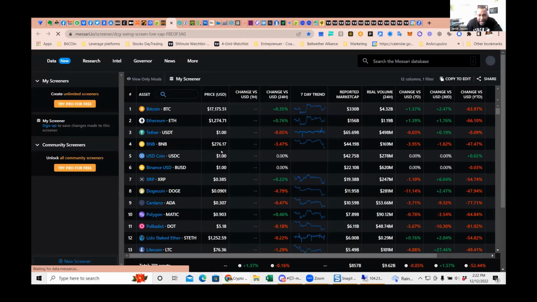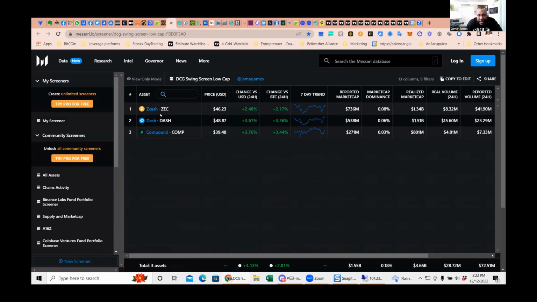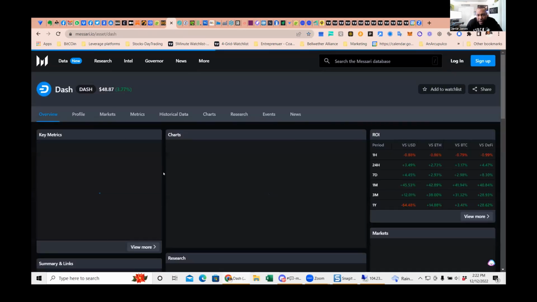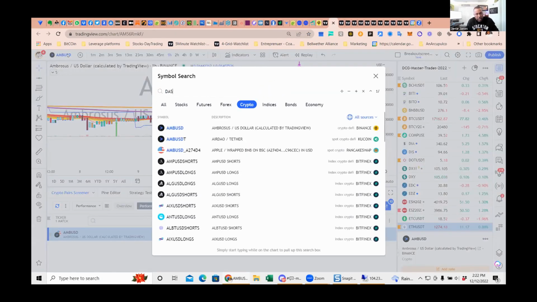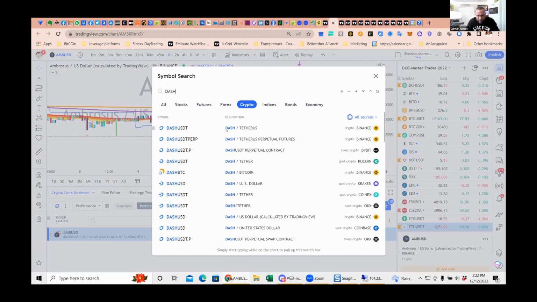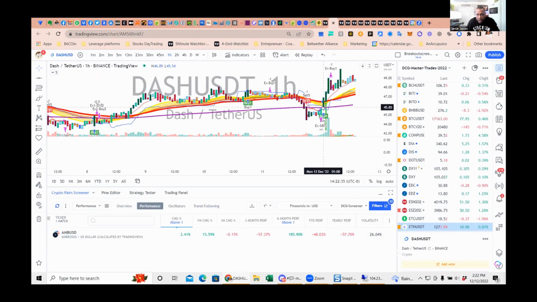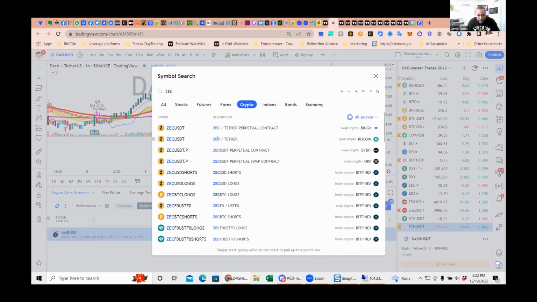So for me, like today, XMR, Zcash, Dash, these have all been moving for the last couple of days. So Dash, right here, when it crosses 200, and even this one here, this 46, that was the area I would be looking at on the 1 hour with Zcash.